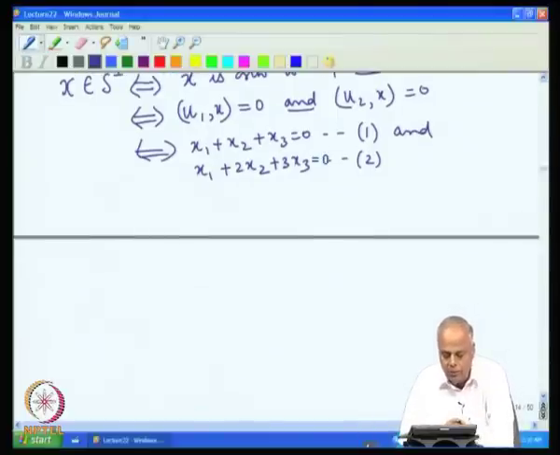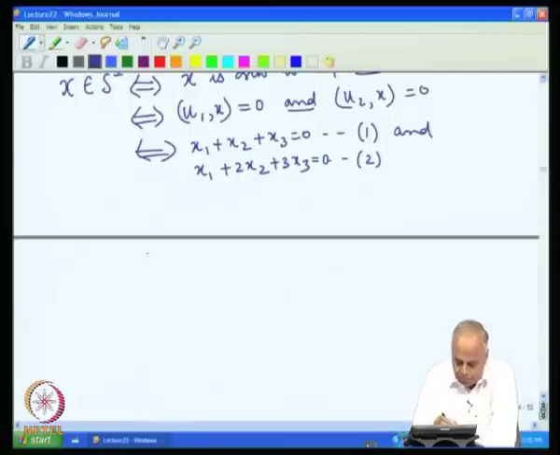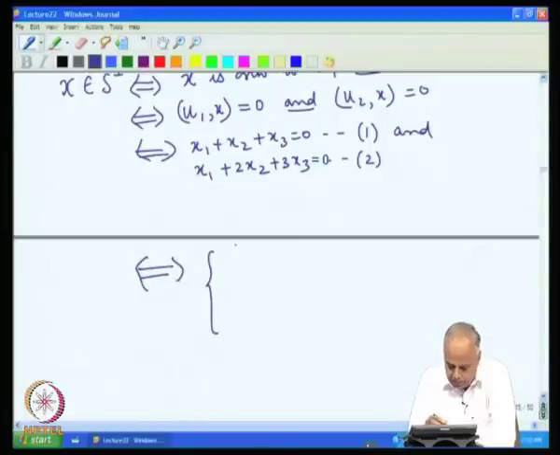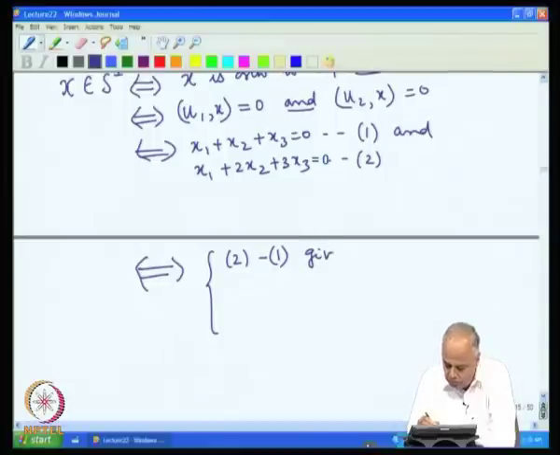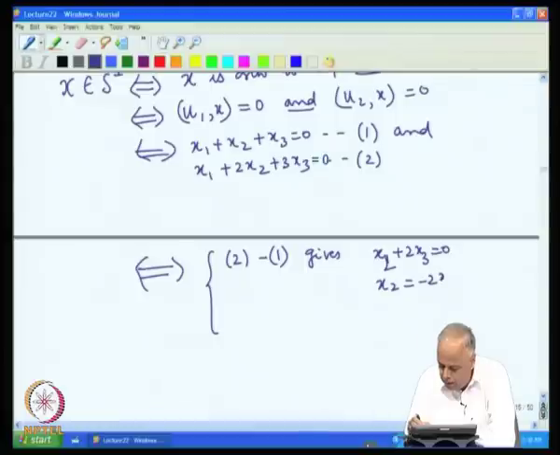Now, there are two equations for these three coordinates, and therefore, we can eliminate two of these variables. So, what does this tell? If we now subtract the first equation from the second equation, we get x 2 plus 2 x 3 is 0, or x 2 is equal to minus 2 x 3.